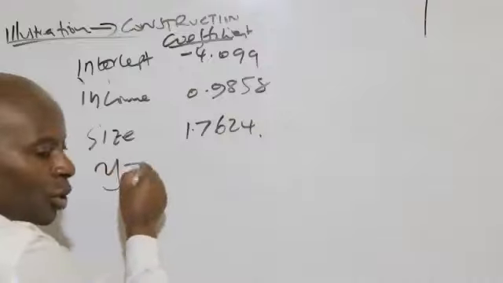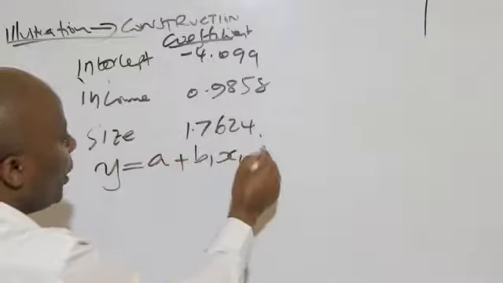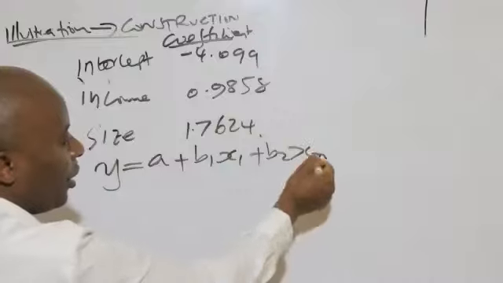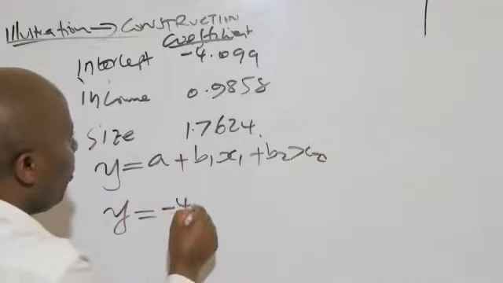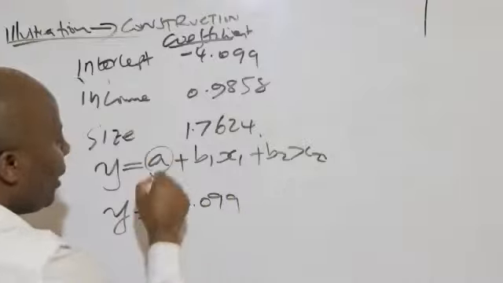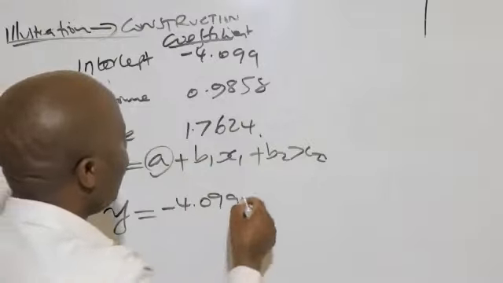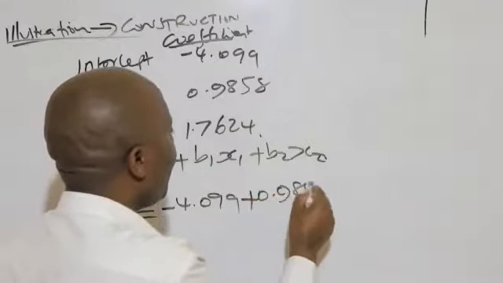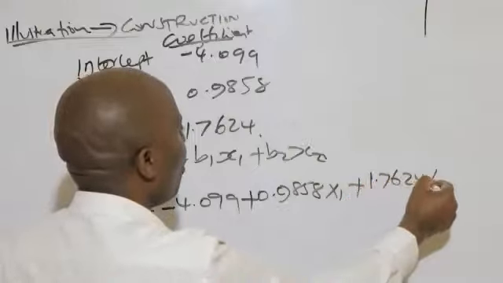So our regression equation will look like this: y equals a plus b1x1 plus b2x2. So my regression equation here will be equal to a, that is negative 4.099. Remember, a is the intercept or the constant. And then the other coefficients: plus 0.9858 x1 plus 1.7624 x2.